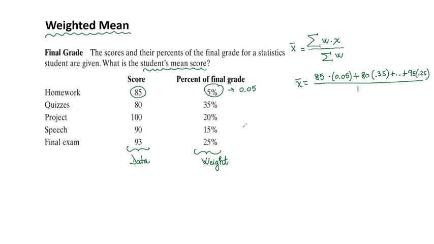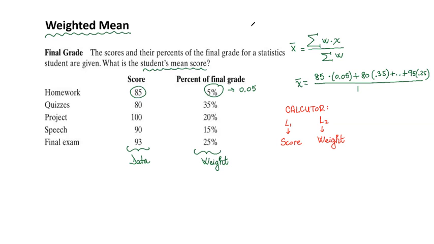Okay, you can do this by hand, or you can use the calculator. On the calculator, in list 1, you put the scores. In list 2, you put the weight or the percent of final grade. Well, I suggest actually to put the decimal form of the percent. So on the second one, just put the weight as a decimal.